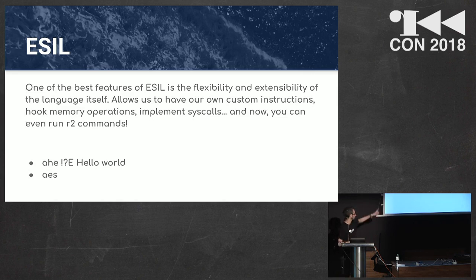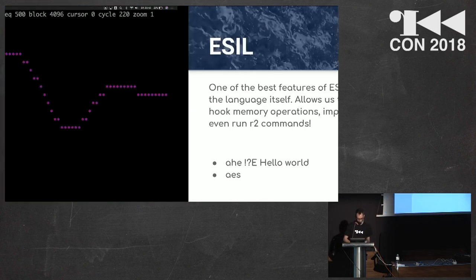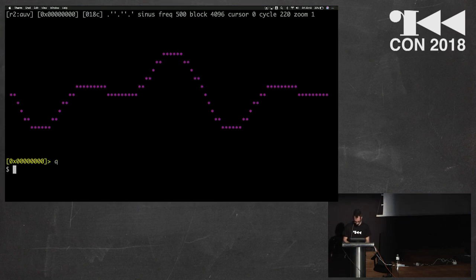So you can use the ahe command, which is basically to create an anal hint for ESIL, which changes the ESIL expression for the current instruction. When you do that, and you use the ao command to see the ESIL expression, you will see that the hello world command will be executed. And if you do a step, you will get the output of this command in the shell. Let's make a demo.